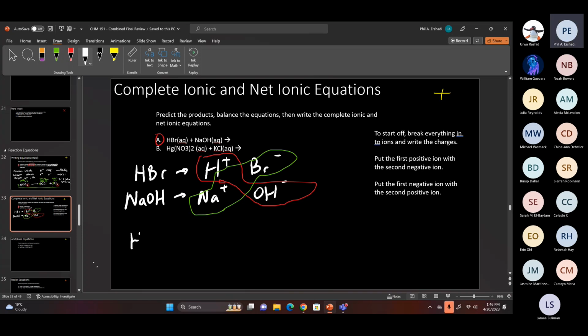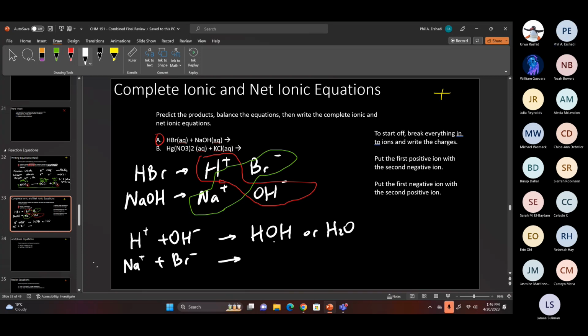If we take H plus and unite it with OH minus, we can see that's 1-to-1. We'll get HOH, which usually you write as H2O. And then we'll have Na positive and Br negative. Unite those together, and you'll have NaBr.